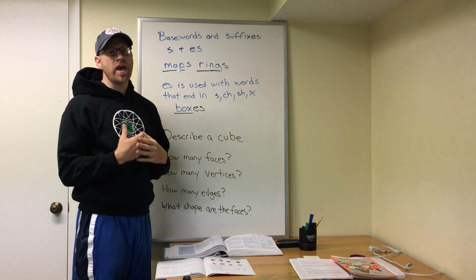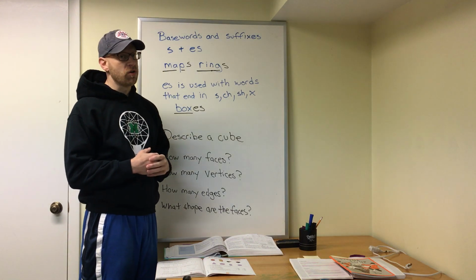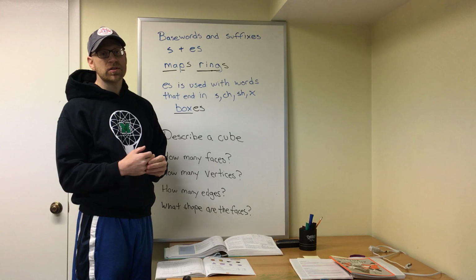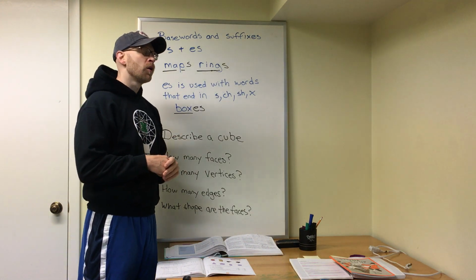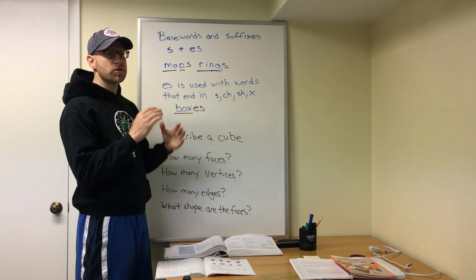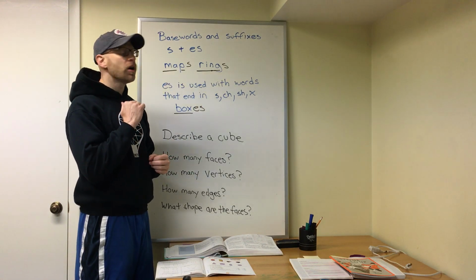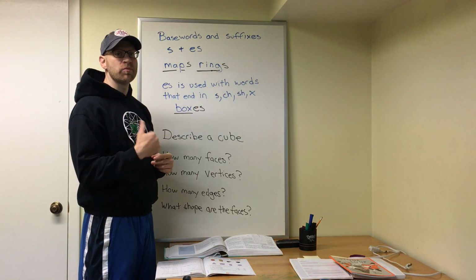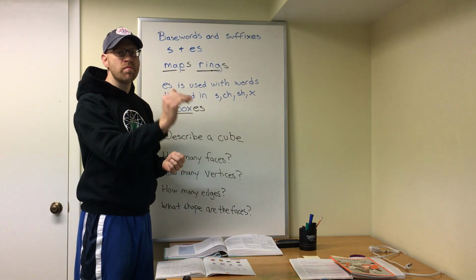Easy words like cat, you add an S and that becomes cats. Or dogs, same thing. You add an S and it becomes dogs, plural, more than one. Okay? Two other examples we have up here. If we use what's called the base word or the root word map, we would just look at M-A-P and say, okay, if I have one map, it's simply map.